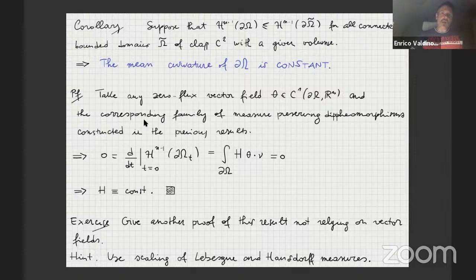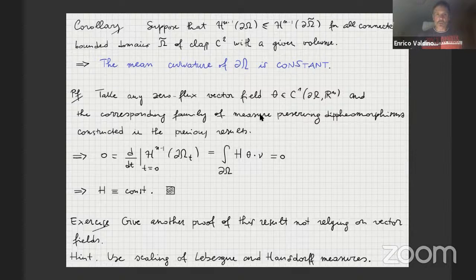So from lemma 1, you know that such a family exists, and then you use the fact that the derivative of the evolution of the surface measure is equal to the normal flux of the mean curvature times the velocity of the diffeomorphism, which was theta by construction.